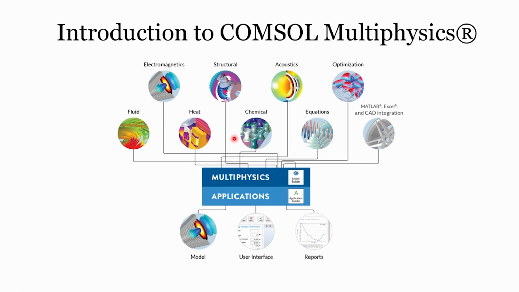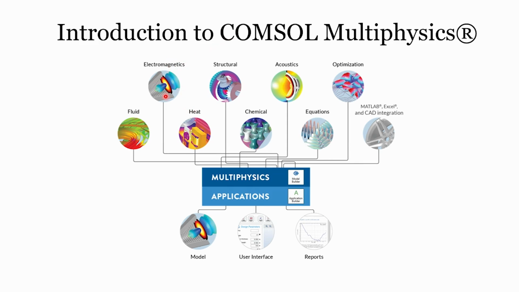So these are the different kinds of physics that could be solved in COMSOL. We have electromagnetics, structural, acoustics, fluid dynamics, heat transfer, and finally chemical. All these are individual physics, but no one is stopping you from coupling two or more physics together. For example, you can couple electromagnetics and structural, or electromagnetics and heat transfer.